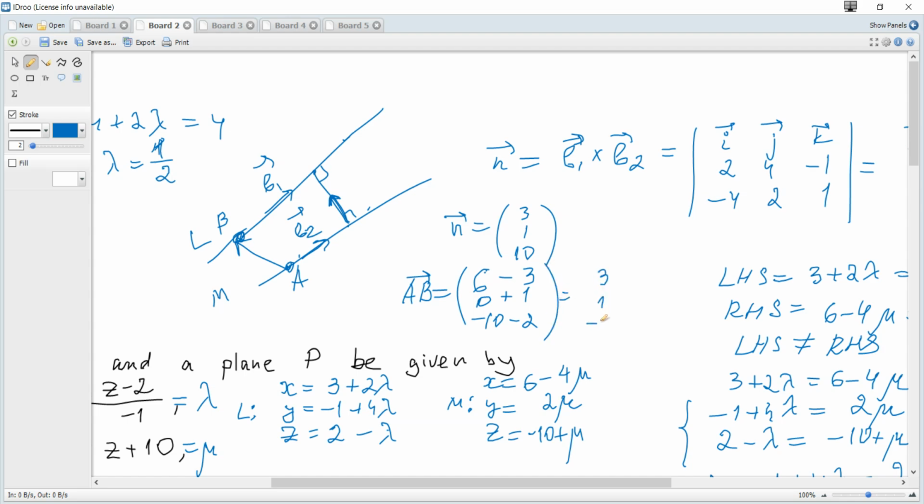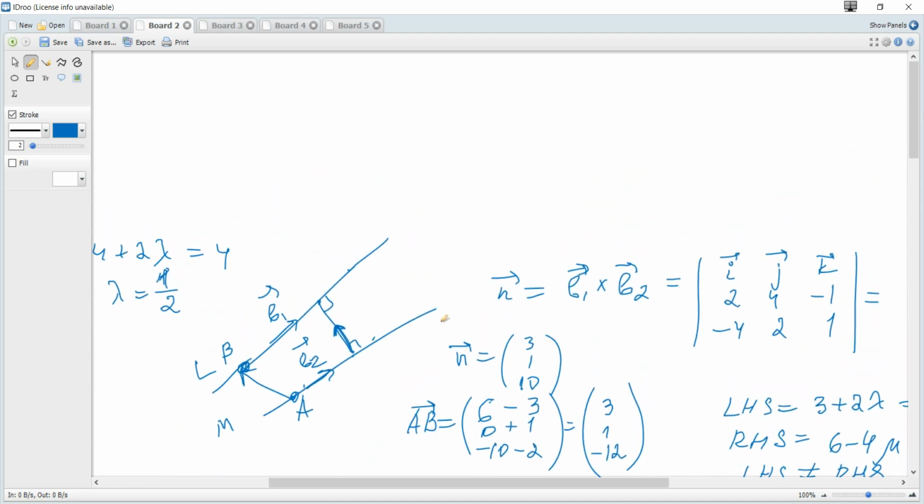3, 1, negative 12. And then there is a vector in the direction of the line which is perpendicular to both lines.